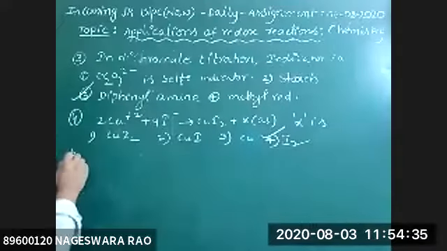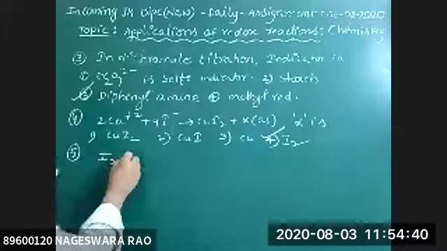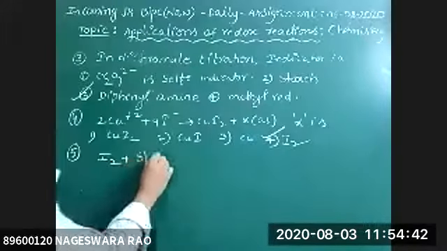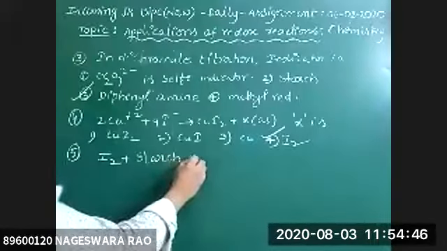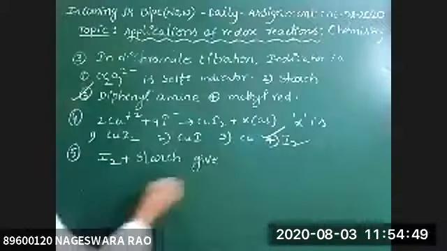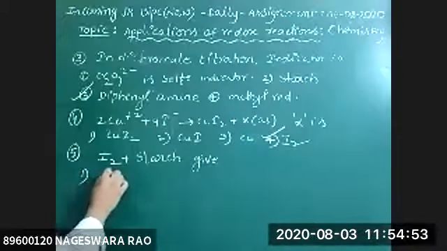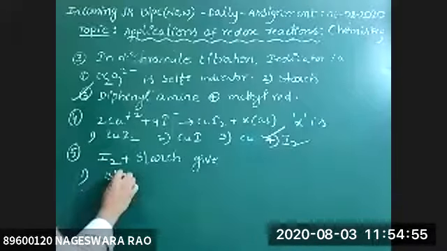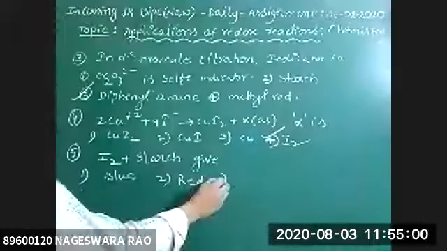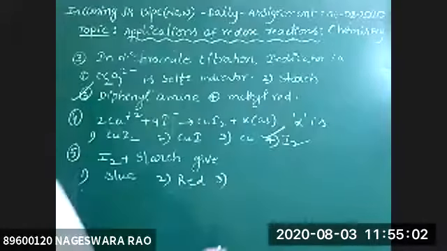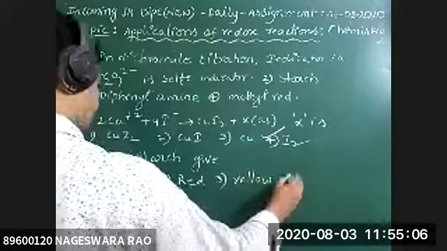Next, question number 5. I2 plus starch. In iodometric titration, starch is the indicator. I2 plus starch gives which color? Blue color, red color, yellow, or no color.